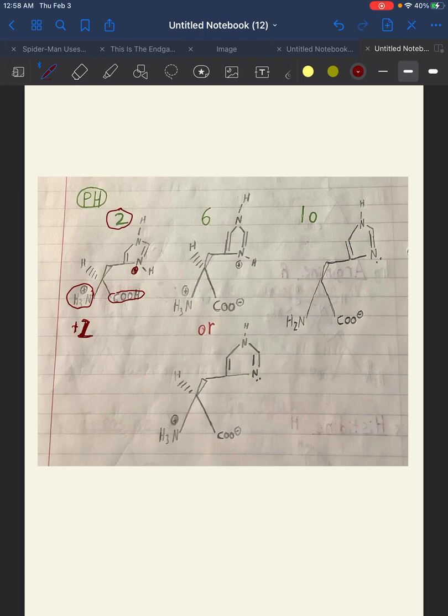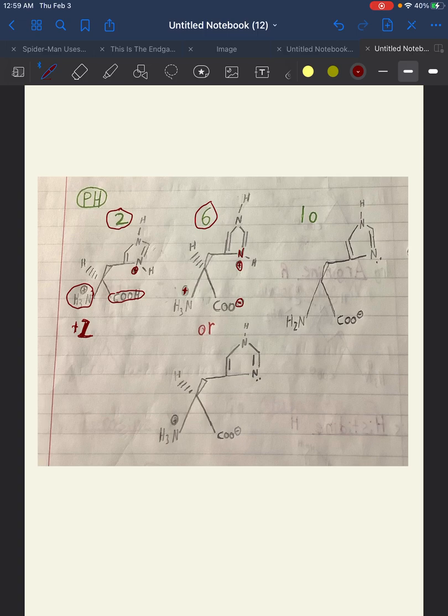Now, when we are at a neutral pH such as 6, the amide is overall positively charged. The carboxylic acid is negatively charged because it's deprotonated. It's zwitterionic. However, the nitrogen on histidine is still positively charged, so we still have an overall +1 charge on the histidine. Now, the thing that's unique about histidine is that at this neutral pH, it can actually exist in two forms.